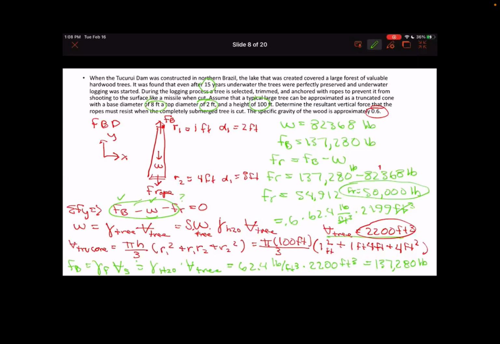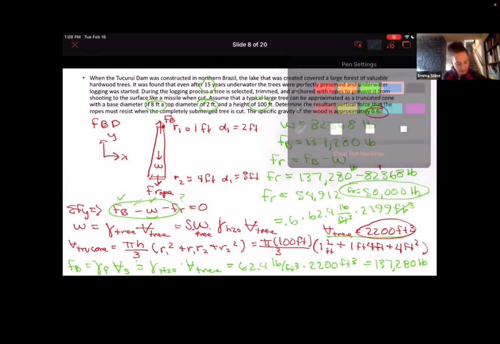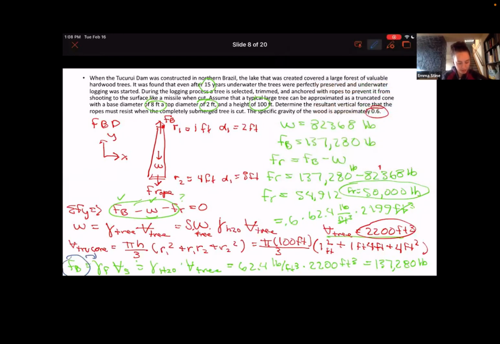Why is the specific weight of the tree the specific weight of water? For force buoyancy, we use the specific weight of the fluid. For weight, we're using the specific weight of the tree. So the weight is always the specific weight of the object times the volume of the object.